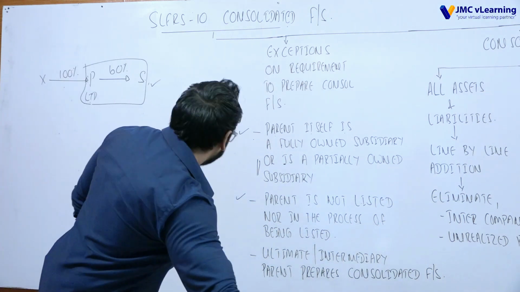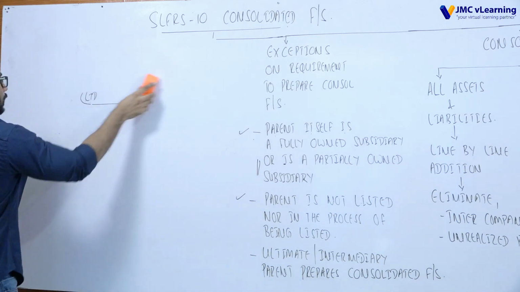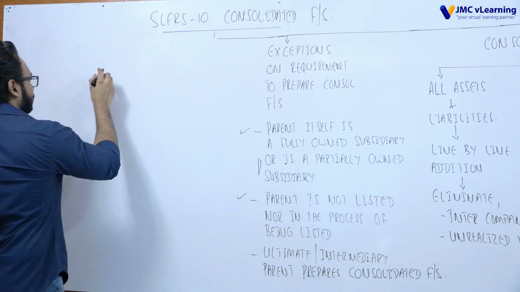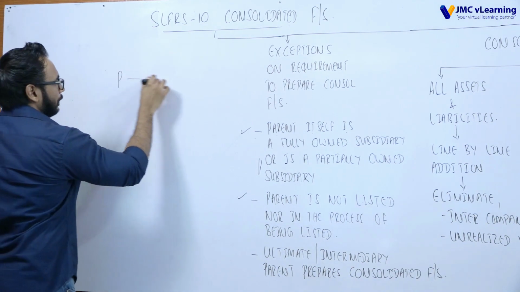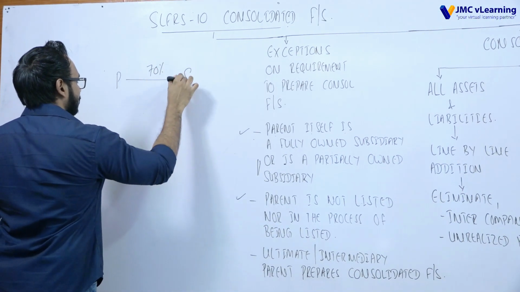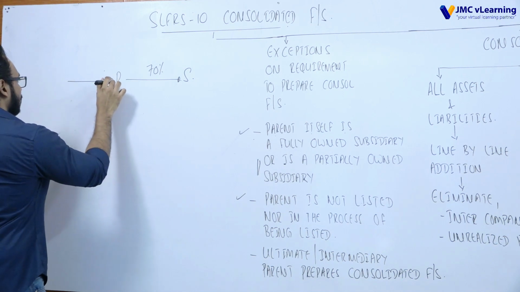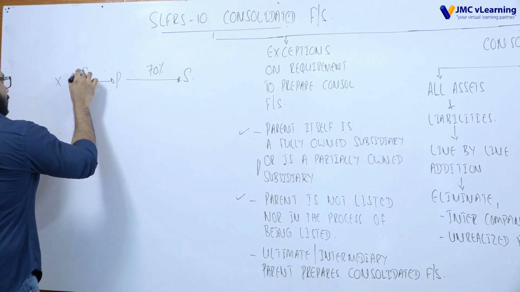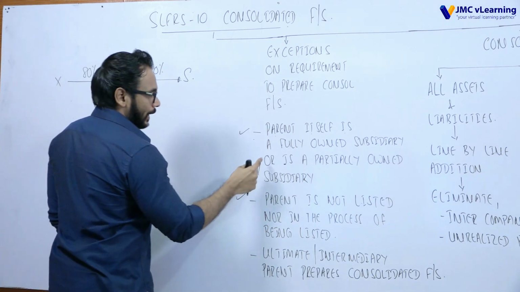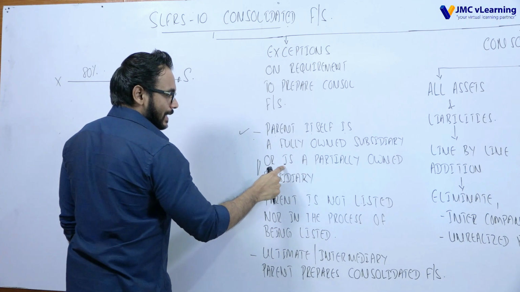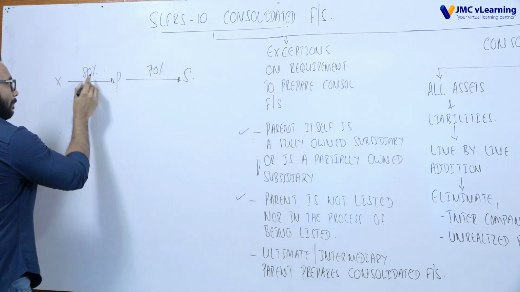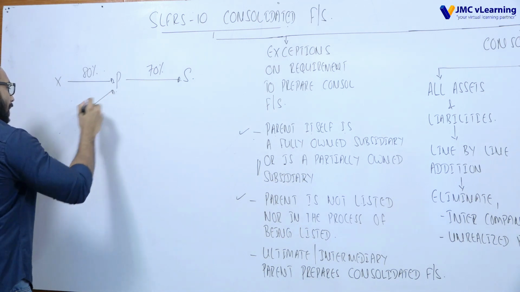In the same note, again, say P owns 70% of S and P is 80% owned by X. So we are moving on to this part where the parent itself is a partially owned subsidiary. So that means there are other shareholders.